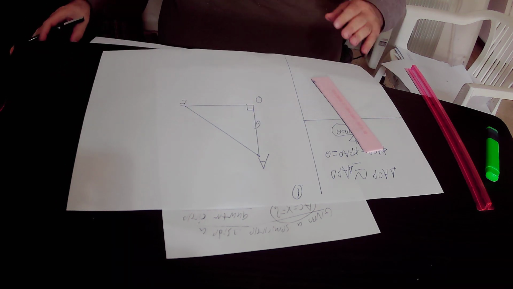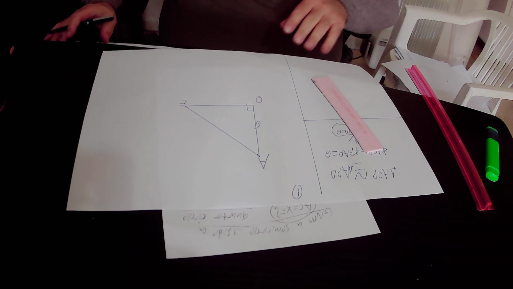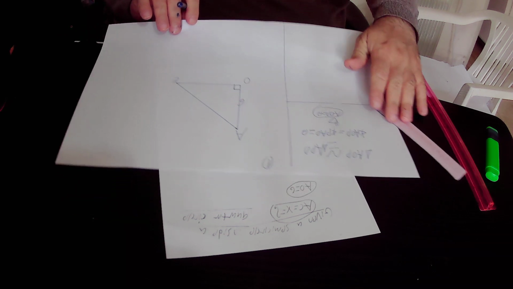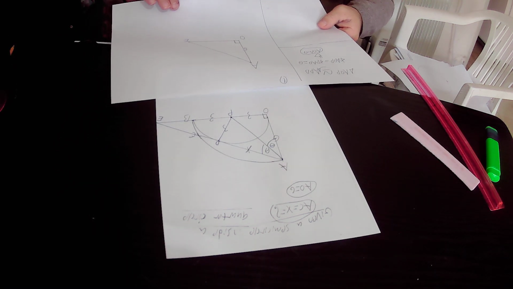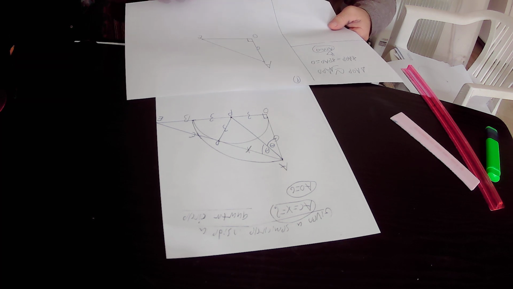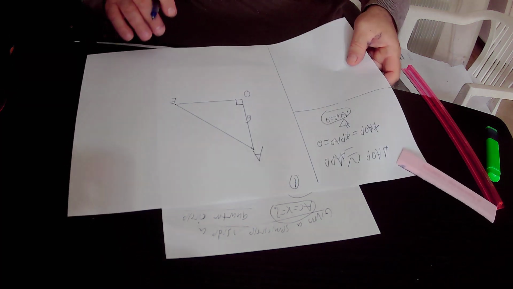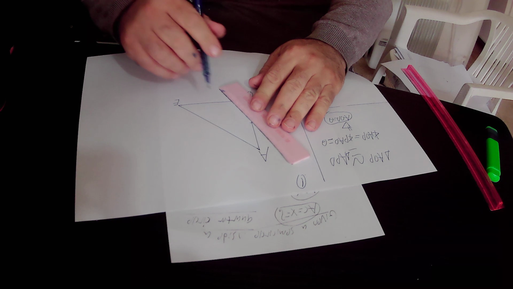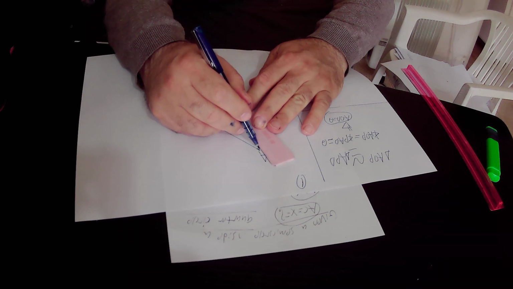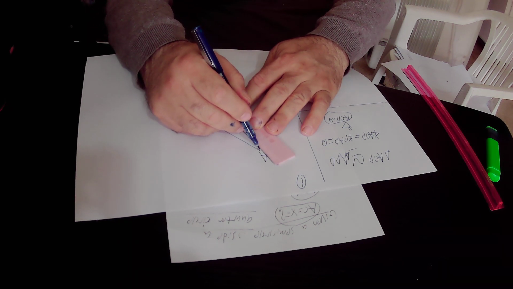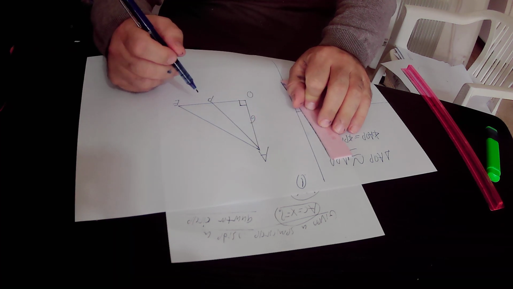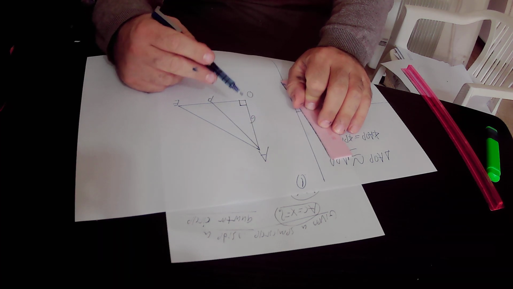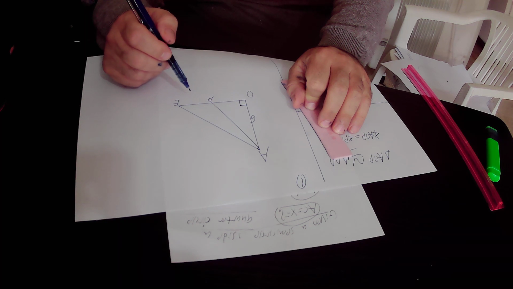This is the right triangle AOE. That's a copy from the original drawing. Here, AP is the angle bisector of angle OAE in the right triangle AOE.